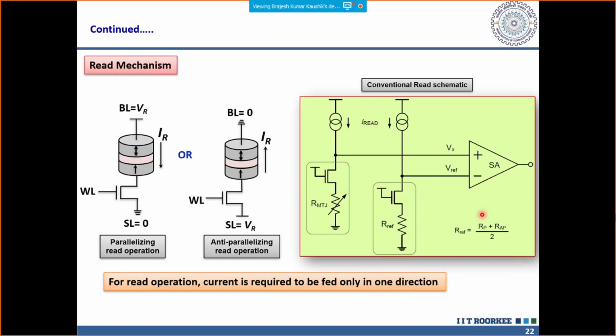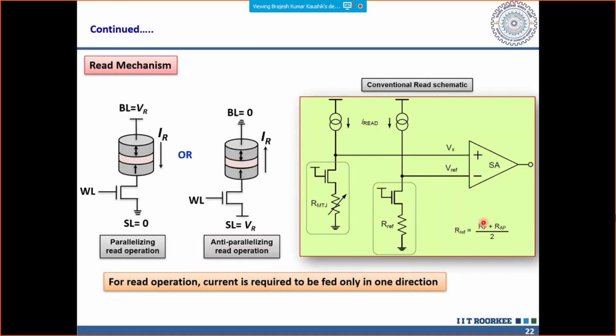So if you see the read mechanism, you have an MTJ over here, and then you have a reference MTJ over here. Now you choose this reference resistance in a way that RP and RAP, the sum of these two resistances divided by 2, should be placed exactly in between RP and RAP.